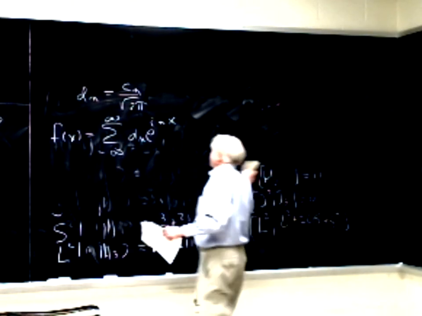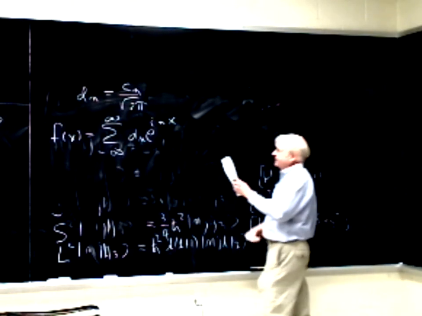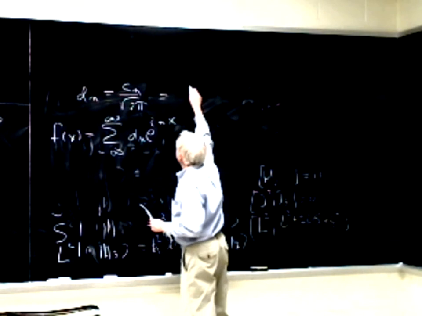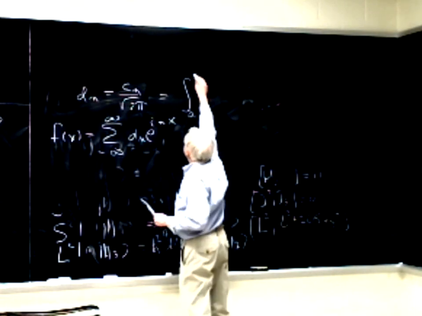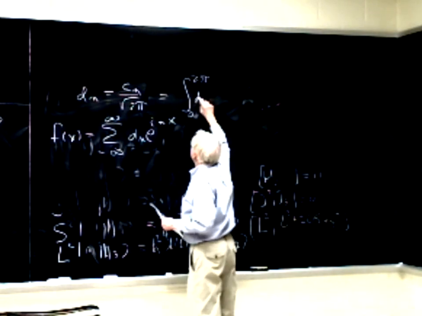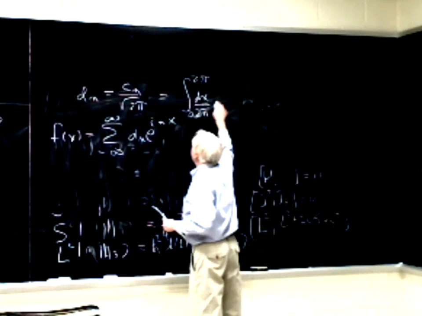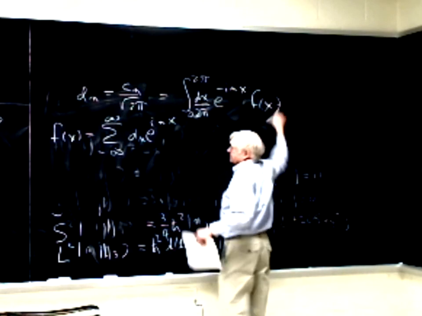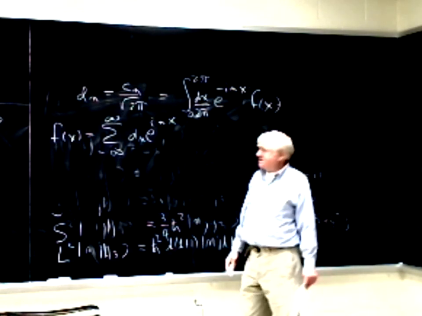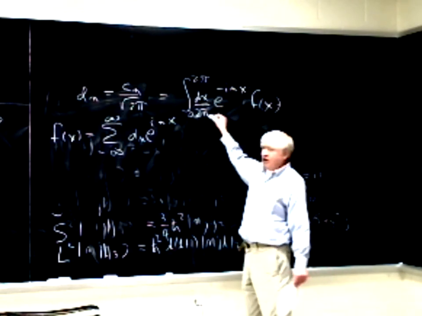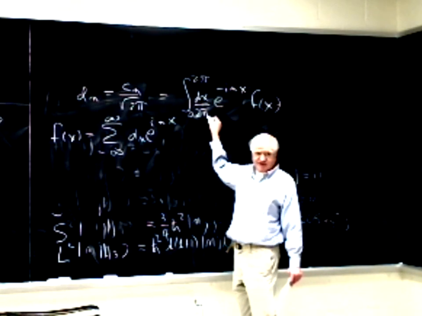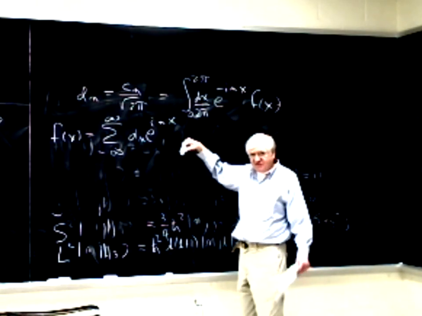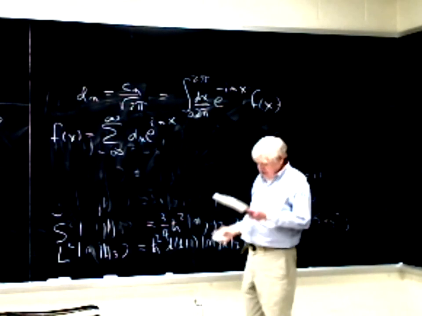But then, because we've divided by square root of 2 pi, d_n is an integral, say from 0 to 2 pi, dx over 2 pi, e^{-inx} f(x). So to only have to write 2 pi once rather than twice, and to get away from the square roots, you can do that.